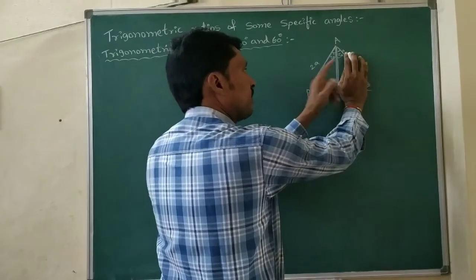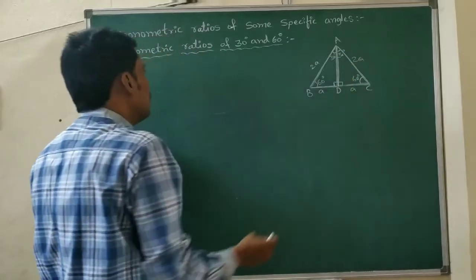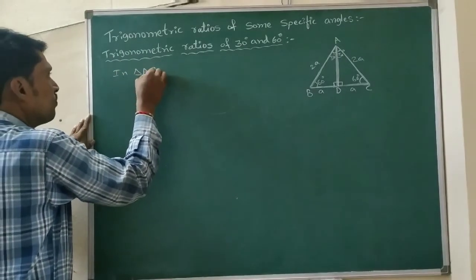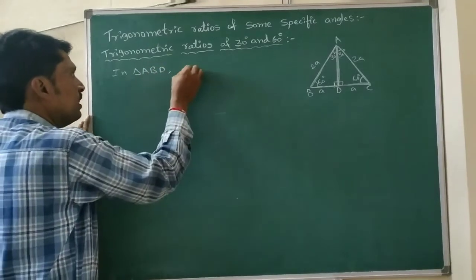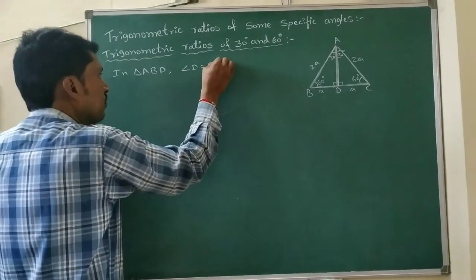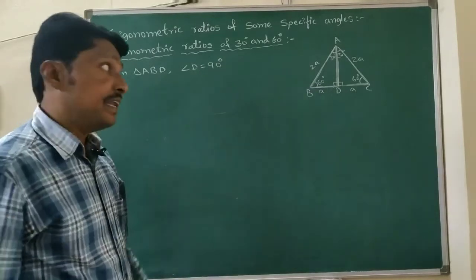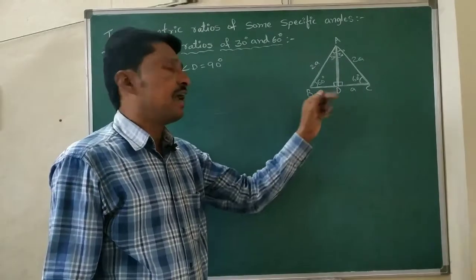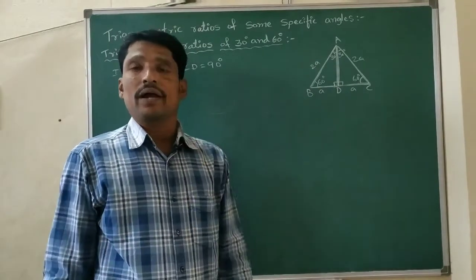So we can find this side. In triangle ABD, angle D equals 90 degrees. In a right angle triangle, one angle is 90 degrees, so we can use the Pythagoras theorem.